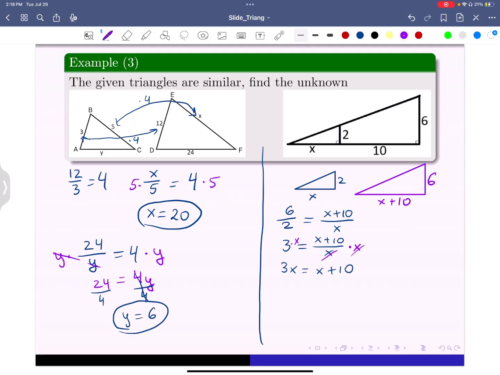Then bring the x's to one side, so subtract x, and we have 2x is equal to 10. To solve for x, we divide by 2, and we have that x is equal to 5.